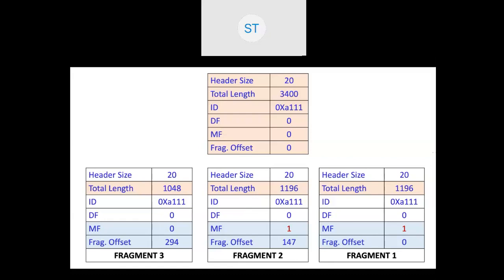So the offset is 0. 1176 divided by 8 is 147. So offset for the fragment 2 is 147. Offset for the fragment 3 is 294. The change is MF bit set to 0 because this is the last fragment. 1176 divided by 8.